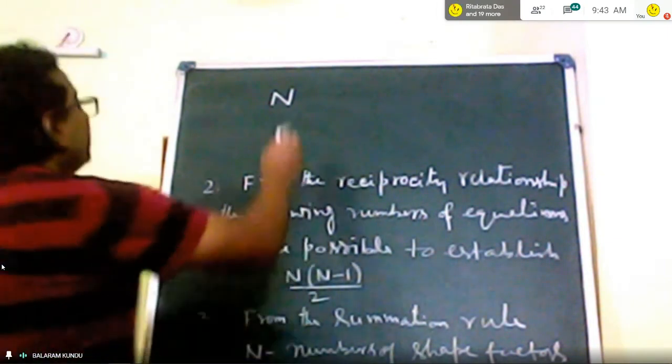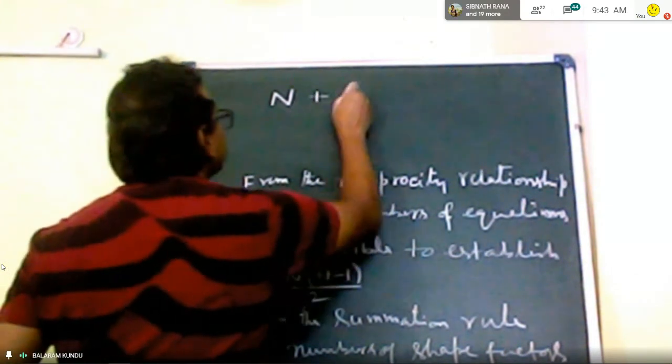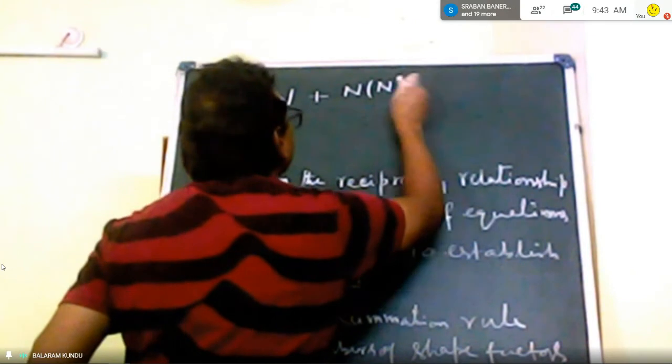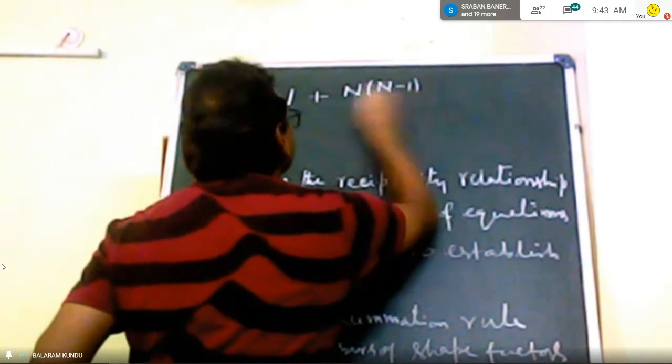Then from the reciprocity relationship, this number will be n into n minus 1 divided by 2.